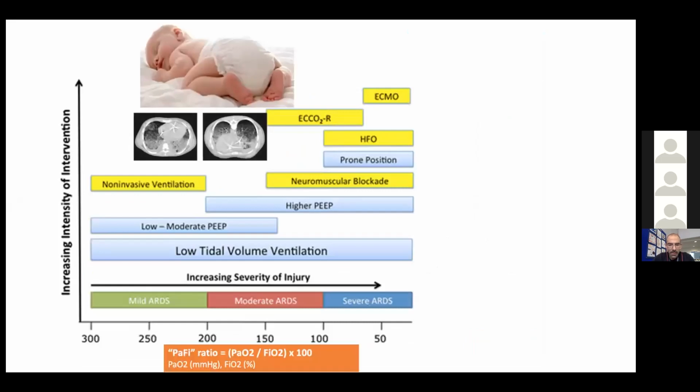And then this is my last one, okay? As you can see here, the lower the PF ratio, the worse the condition of the child is, and the lower the PF ratio, the more aggressive we need to be in our treatment, okay? So we start with non-invasive. If non-invasive is not working and we still have low PF ratios despite all our management, we probably will need to intubate.